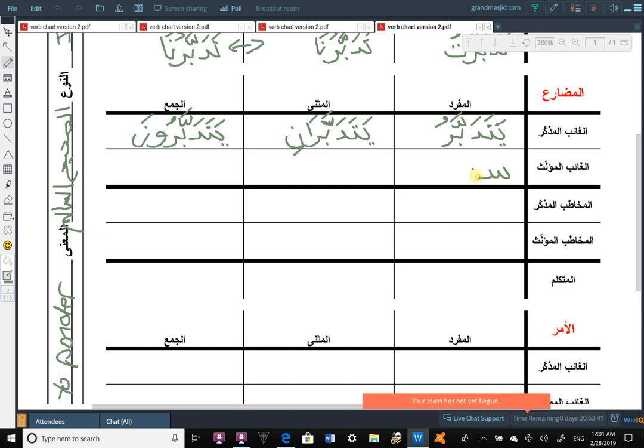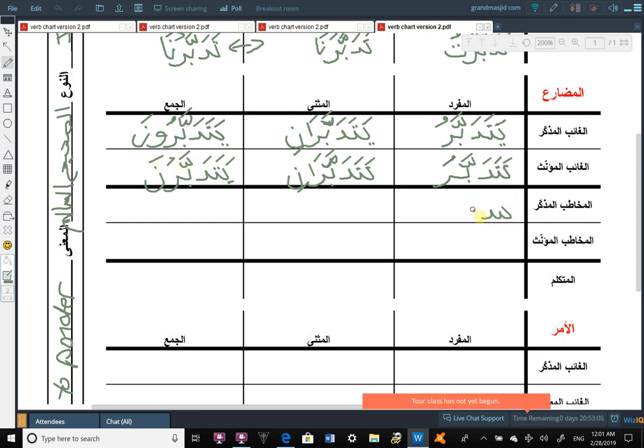Tatadabbaru. Tatadabbarani. Yatadabbarna. Here we add the noon of niswa.